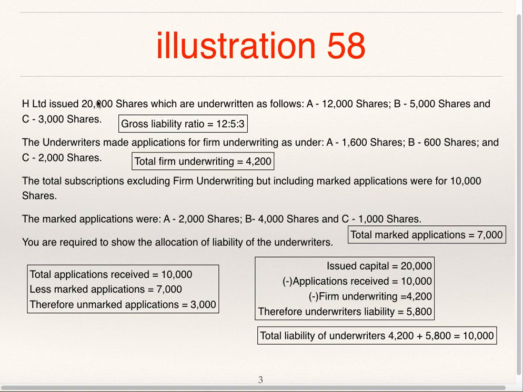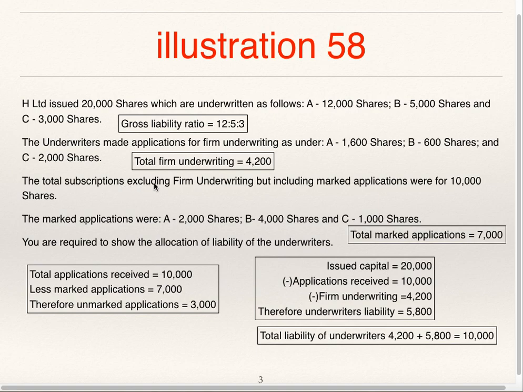Definitely, surely, out of these 20,000 shares, A will subscribe 1,600, B 600, and C 2,000 shares. This is firm underwriting. Total firm underwriting is 4,200, 1,600 plus 600 plus 2,000.